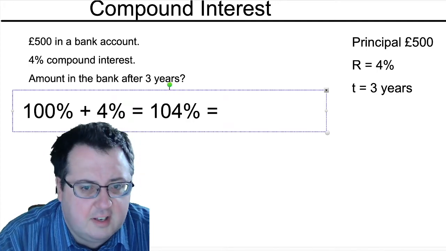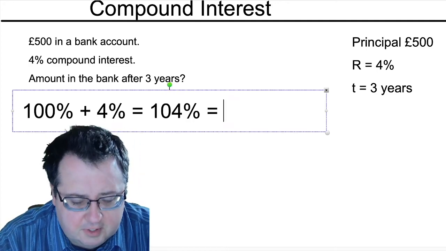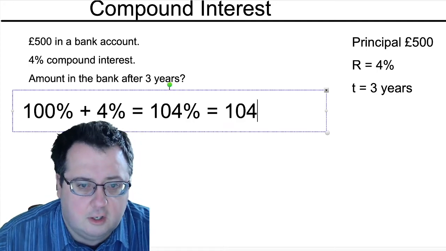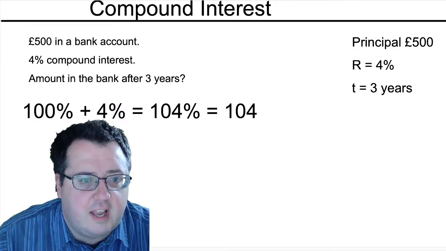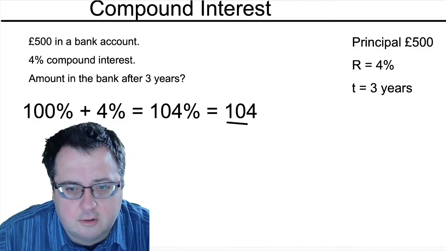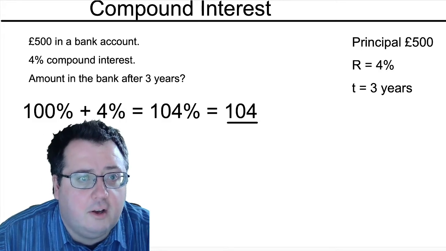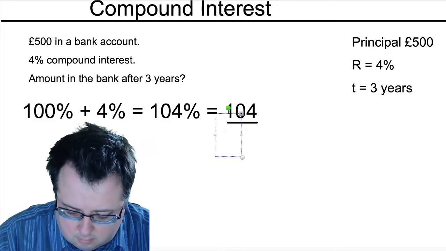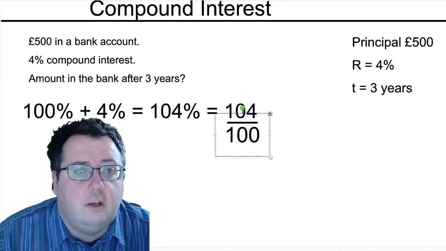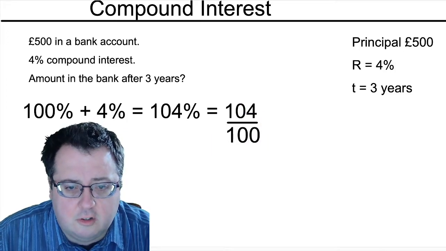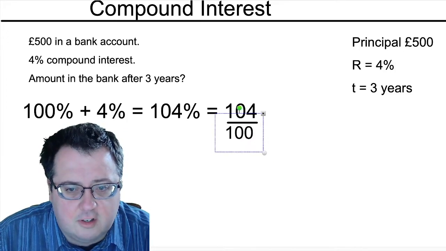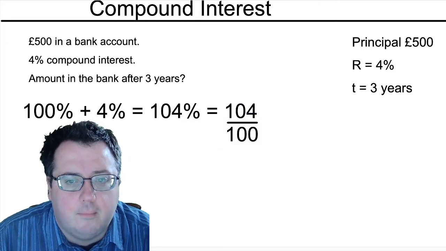So the next thing we've got to understand is what the percentage symbol means. You should know that percent means out of 100. Okay, so 104 divided by 100 is the same as 104%.